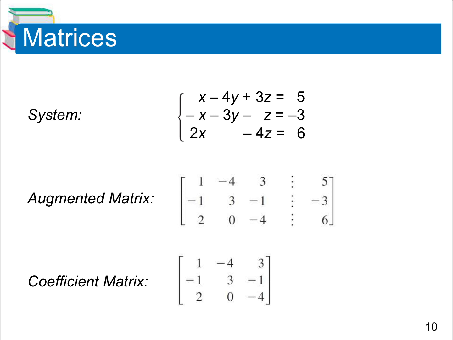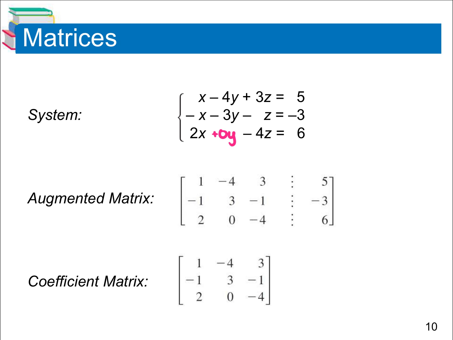If we look at something like x minus 4y plus 3z is equal to 5, negative x minus 3y minus z is equal to -3, and 2x minus 4z is equal to 6, that is giving us a system of equations. Now, you have an empty spot on the y of your last equation. We can add in a 0y to represent that missing y, and that takes the place of that coefficient within your matrix.